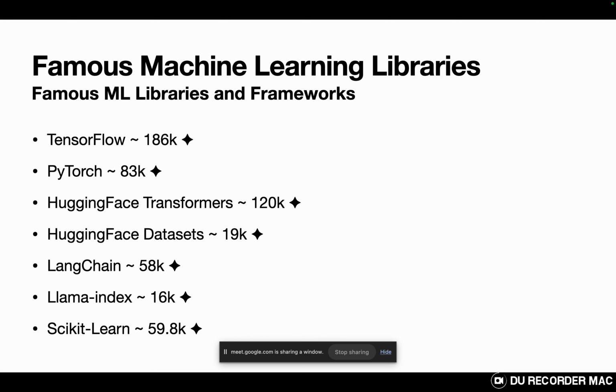LangChain, which is a relatively new framework for creating RAG applications, has 58k stars. Llama Index has 16k stars, and Scikit-learn has 59.8k stars. And there are several other machine learning repos you can find on GitHub, which are highly famous and have a lot of stars.